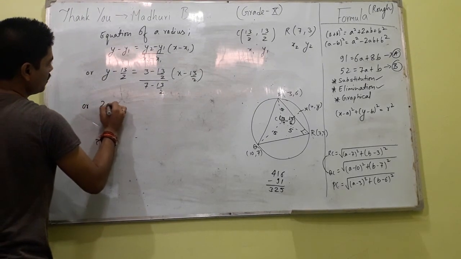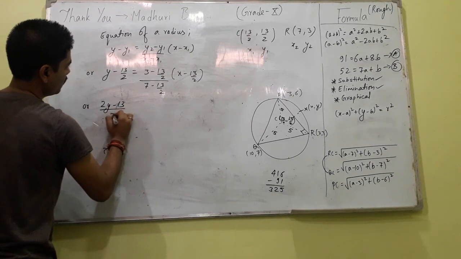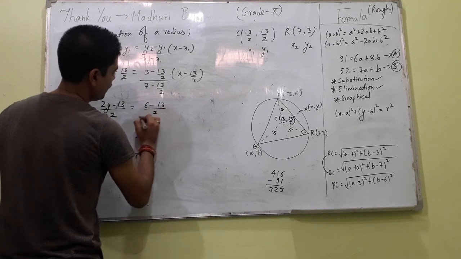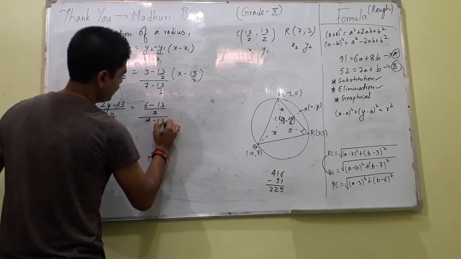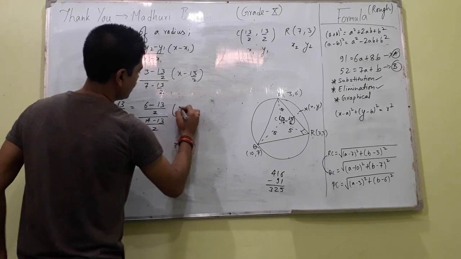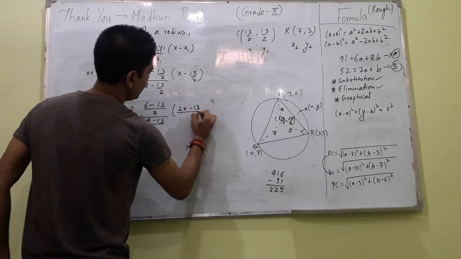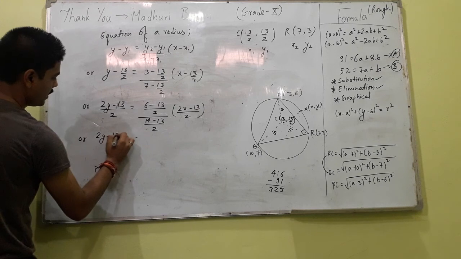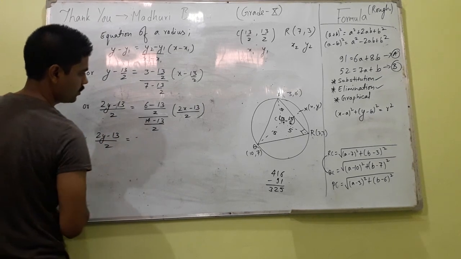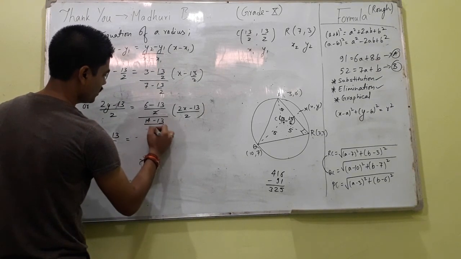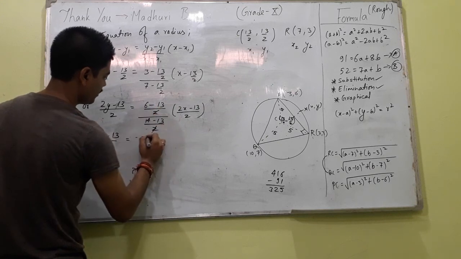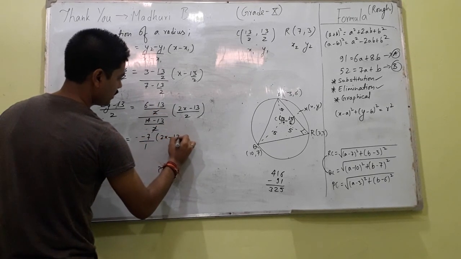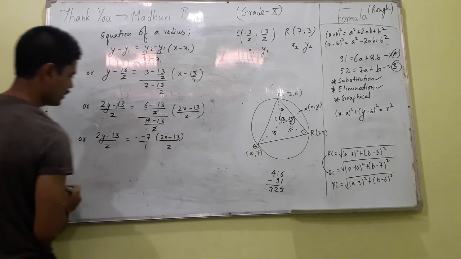Or (2y minus 13) by 2, (6 minus 13) by 2, (14 minus 13) by 2, (2x minus 13) by 2. 2y minus 13 by 2 equals to, 2 can be cancelled, (6 minus 13) is minus 7 by 1, (2x minus 13) by 2.